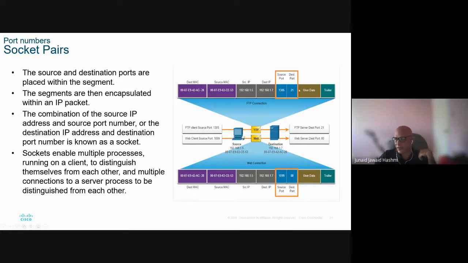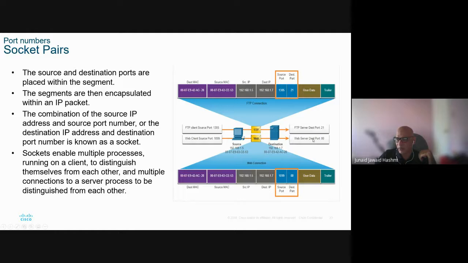If you look at the header, you have the MAC address, source IP, destination IP, and then the source port number and destination port number. In this case, port 21 is used for FTP, file transfer protocol, so you can see the destination port is 21.